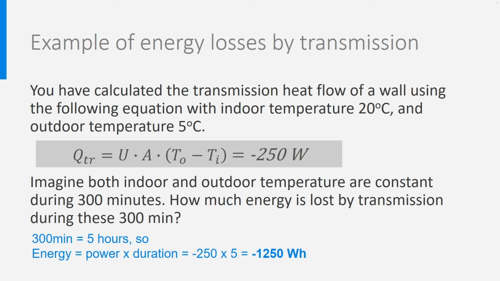Imagine both indoor and outdoor temperature are constant during 300 minutes. How much energy is lost by transmission in these 300 minutes? Well, that is load times duration in hour. 300 minutes is 5 hours. So the energy is minus 250 times 5 equals minus 1250 watt-hour.